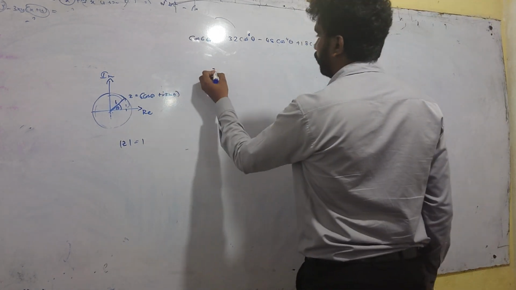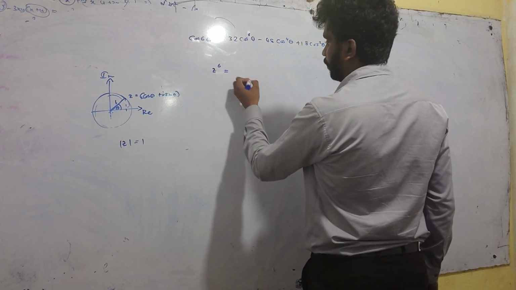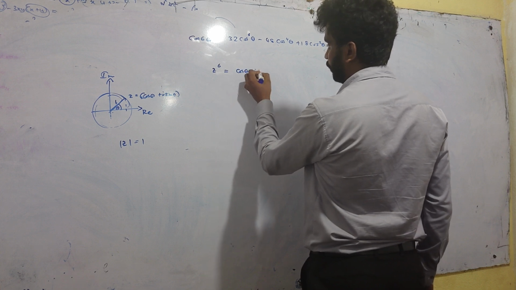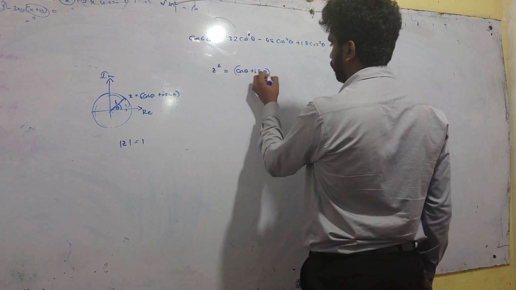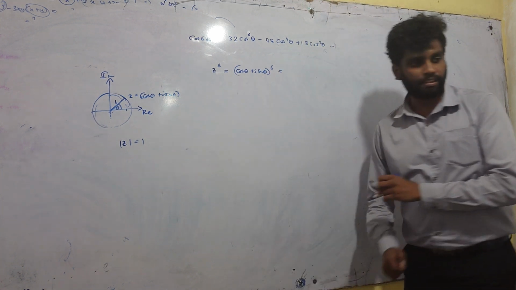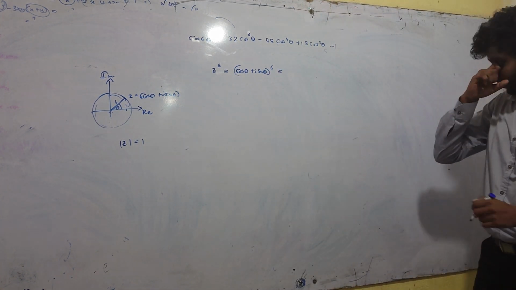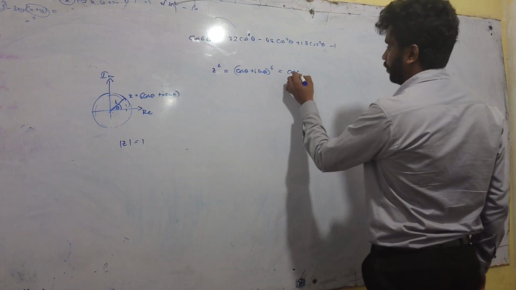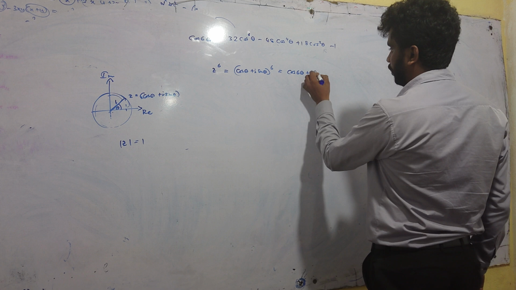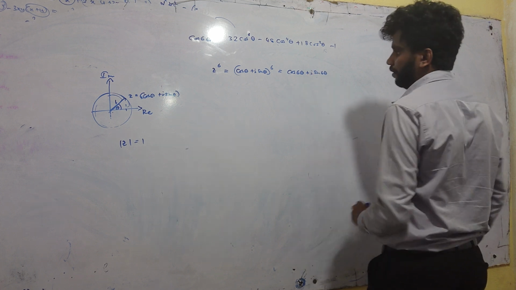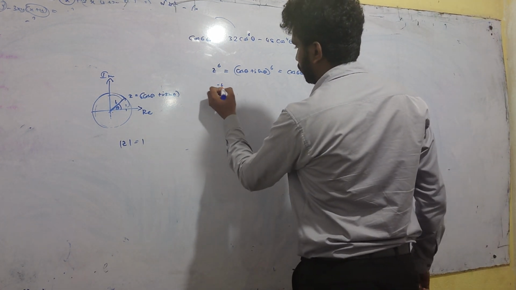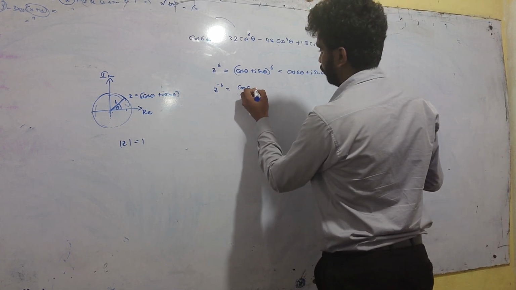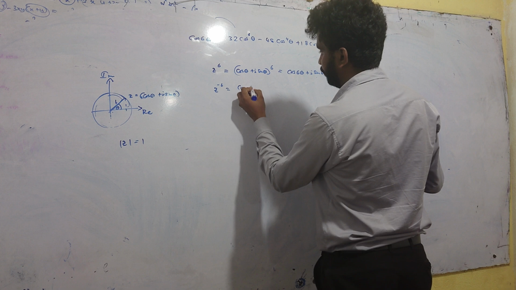Then z to the power 6, you can use the formulas, your favorite one. Then cos 6 theta plus iota sine 6 theta, right? And z to the power minus 6, we need that one because we have to eliminate this.